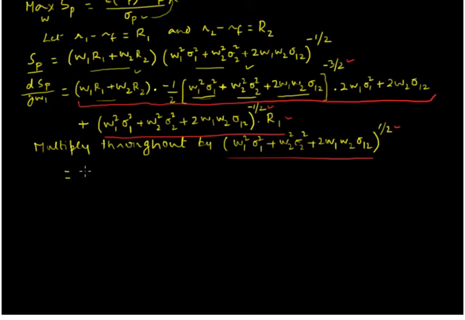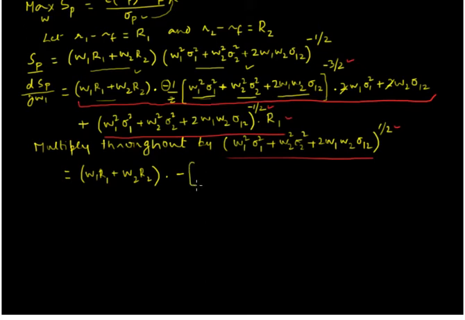So that is going to take away this term altogether, and we are going to have only R1 left with us. Let us write it out. Let us write down the first term. We have W1 times R1 plus W2 times R2. What else do we see? We see that there is a 2 here, which is going to cancel out with this 2 here and this 2 here. And the power of this term, we said a little while ago, is going to be minus 1. So we are going to have a negative sign from here, this one. So we will write that.